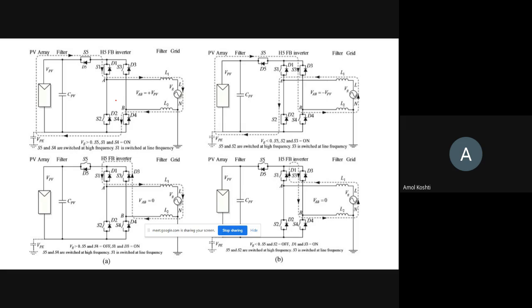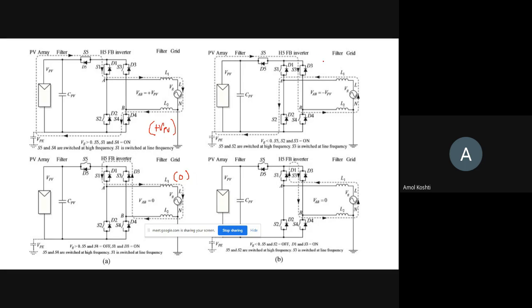I assume that output as plus VPV. Again, two switches which are not diagonally opposite but from the two different legs are switched. In that case the PV system is not connected to the load, so zero output voltage is produced.